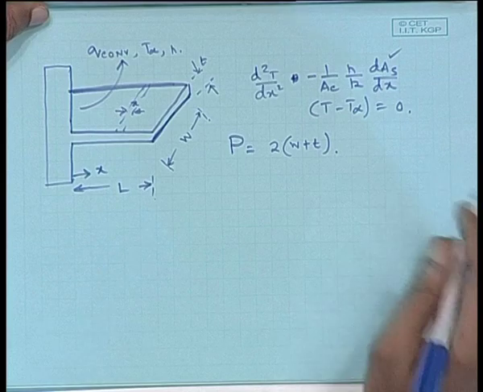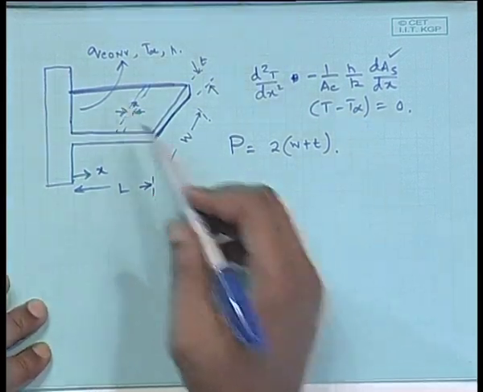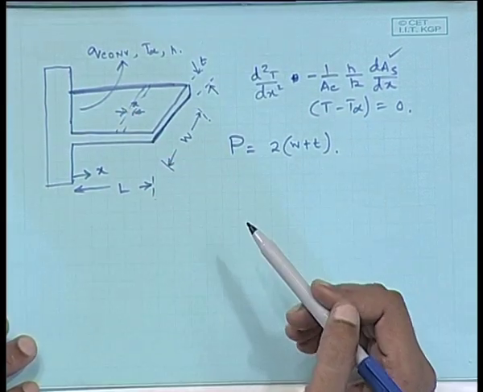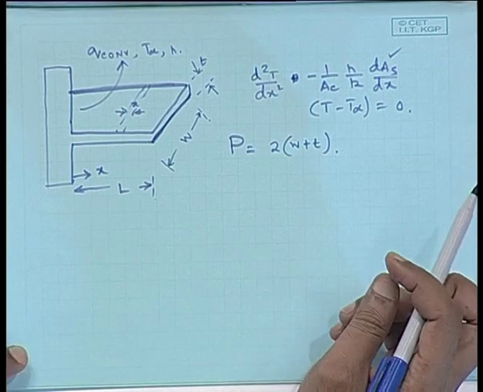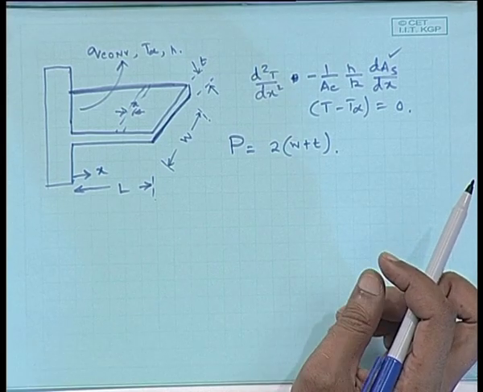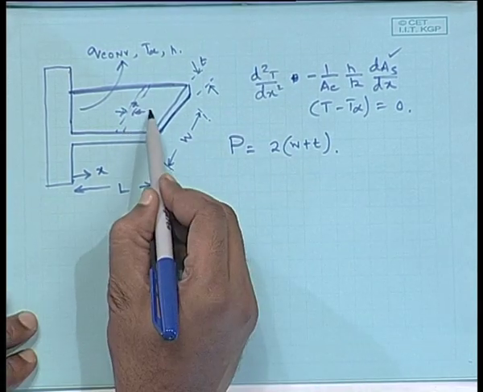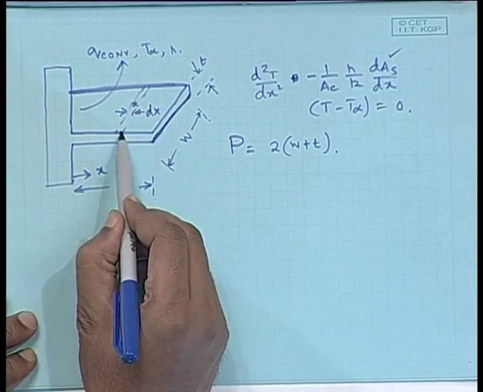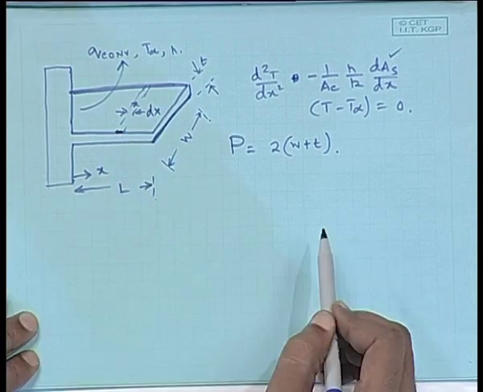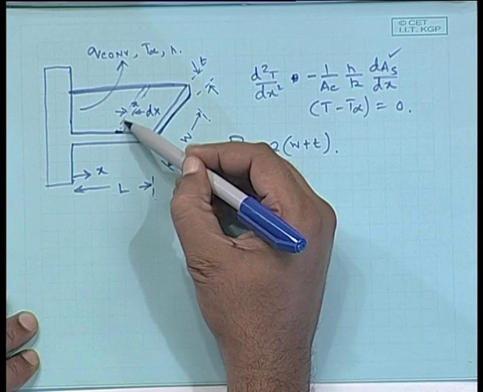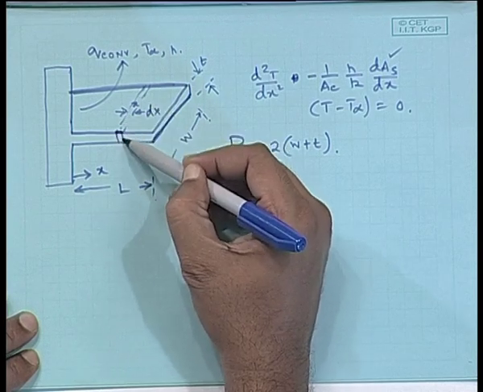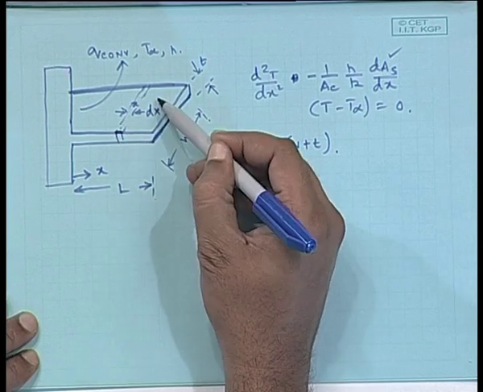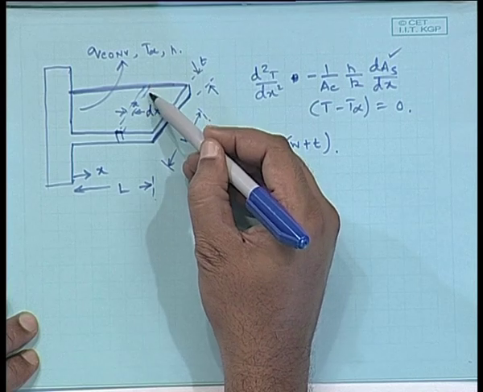So, what is the surface area of a differential element of length, let us call it length dx? It would be this surface area, side surface area, the surface area under it, and surface area on this side.